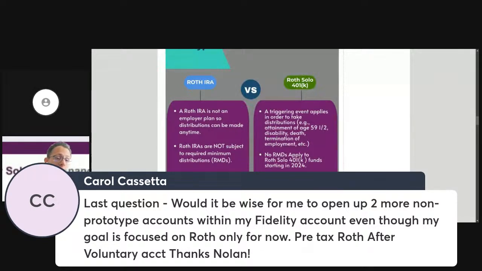It's important to understand that the solo 401k that we provide already has the ability to make voluntary after-tax solo 401k contributions, Roth employee or employer solo 401k contributions, as well as pre-tax solo 401k contributions in addition to the mega backdoor, which means that you can either open those additional brokerage accounts now, even though you're not required to, or you can do it later. Why? Because the plan is already built to allow for all those contribution types.